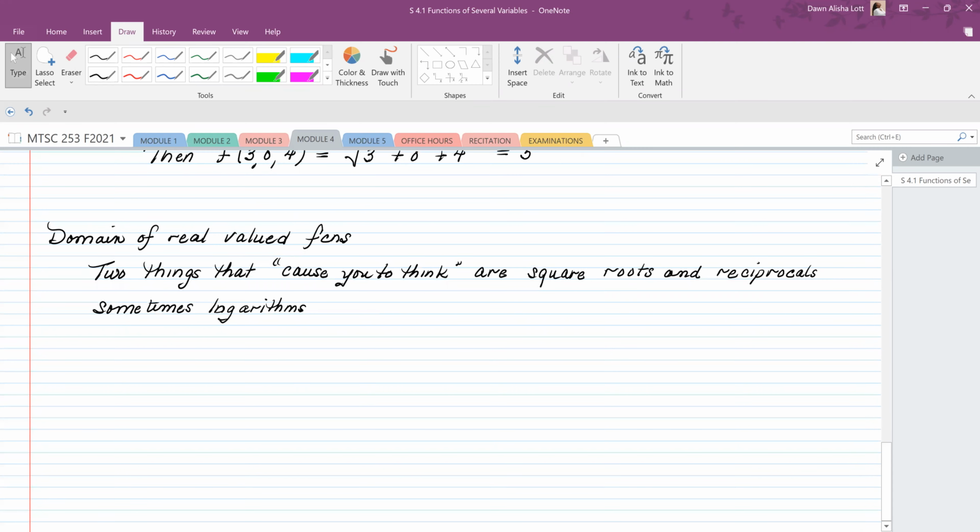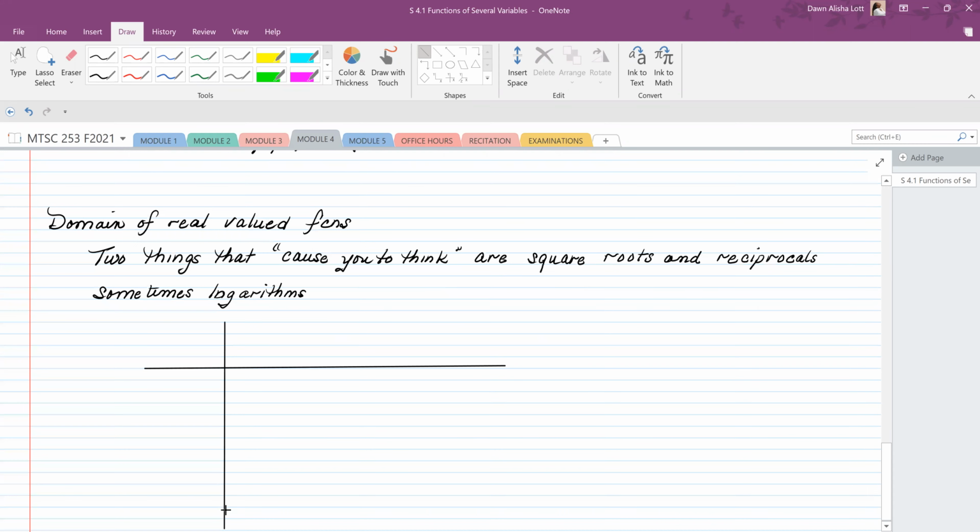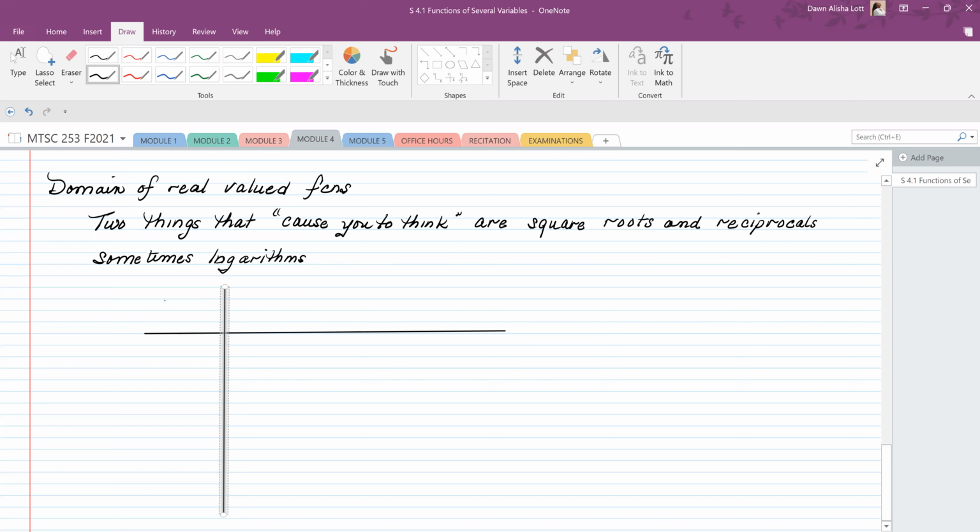Okay, so here's an example. Here's the function, here's the domain, and then here's the range.